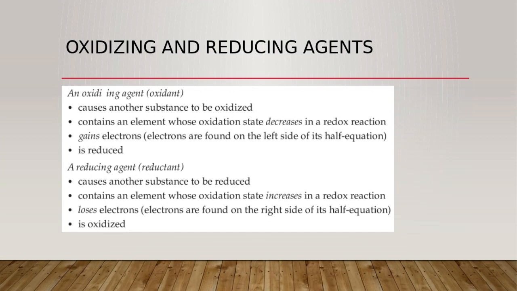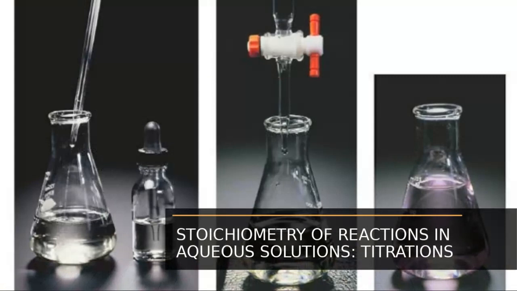Let's pass to the other slides. That's enough of oxidizing and reducing. As I said, this is the redox reaction. And the other one is the stoichiometry of reactions in aqueous solution.